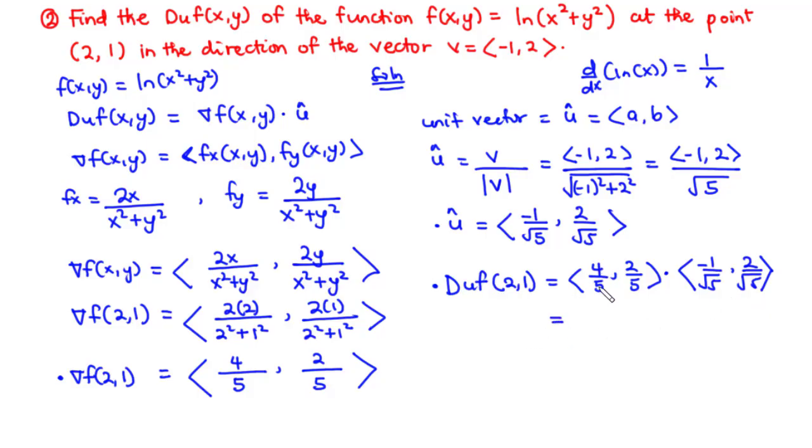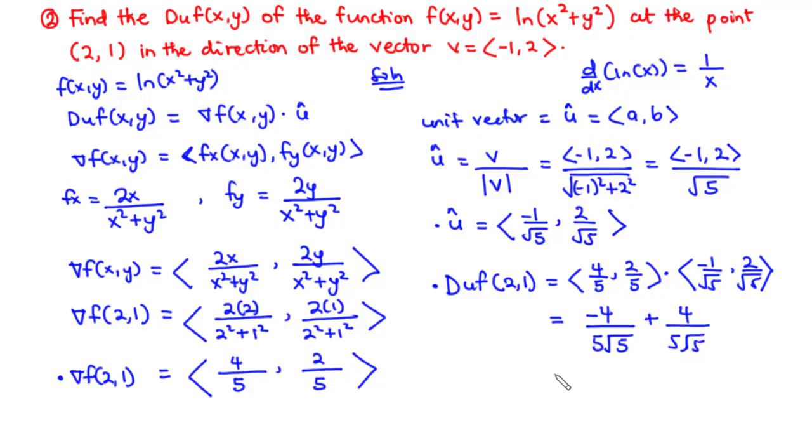Here we are going to multiply corresponding components and then add them up. So we have 4/5 times -1/√5. So 4 times -1 is -4, divided by 5 times root 5, we have 5√5, plus 2 times 2 is 4, over 5√5.